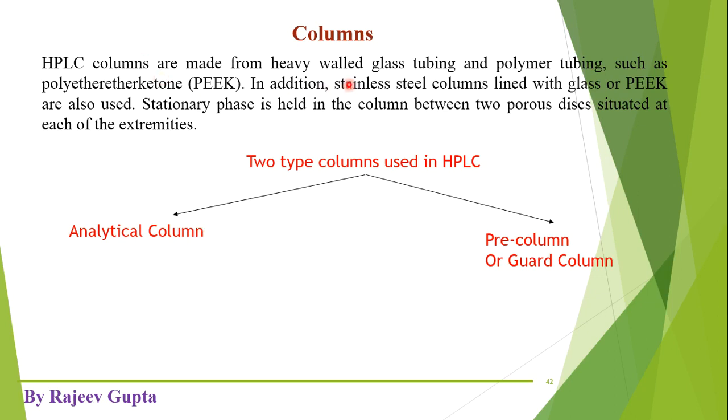the columns which are used should be very robust, very strong, because these columns have to bear very high pressure during the experiment. So HPLC columns are made from heavy walled glass tubing and polymer tubing.